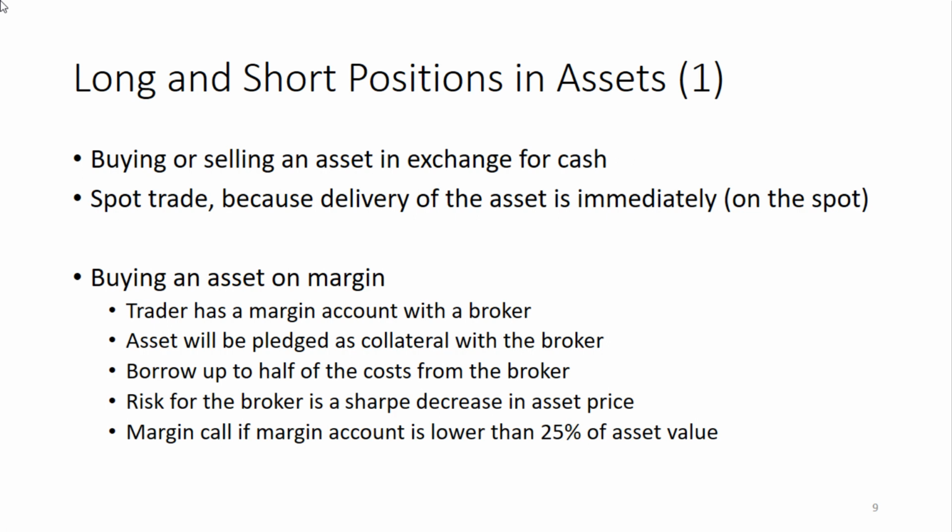So as an investor, you always hold a margin account with a market maker, with a broker. And what the broker says as well is, just simply pay half of the asset in cash, and then the asset will be owned by you, but you need to pledge it in the margin account.